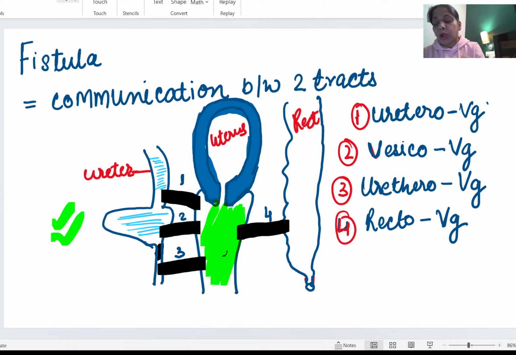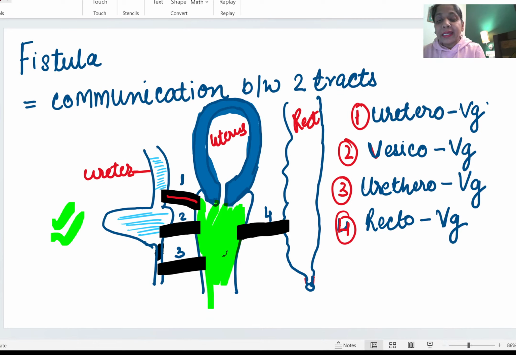The vagina is communicating with the ureter, with the bladder, and with the urethra. So this is the vagina, and if a fistula happens here, then the vagina is communicating with the ureter. So this fistula will be known as, write down in the chat box, be fast, ureterovaginal fistula.